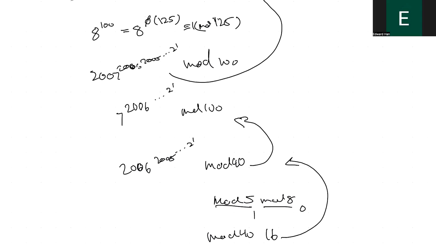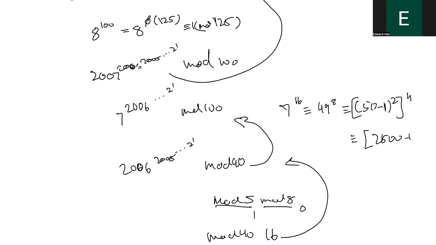So 7 to the 16th power is equal to 49 to the 8th power, which is congruent to (50 minus 1) squared, and then to the 4th power, which you can expand to be (2500 minus 100 plus 1) to the 4th. At this point, you realize this is like 1 to the 4th, so that's 1 mod 100.